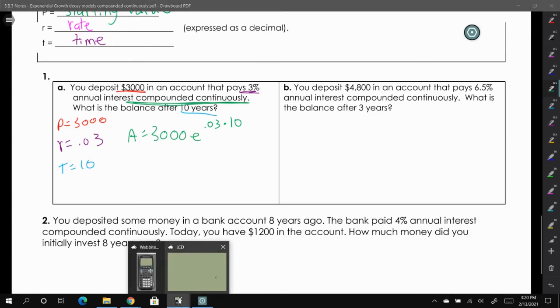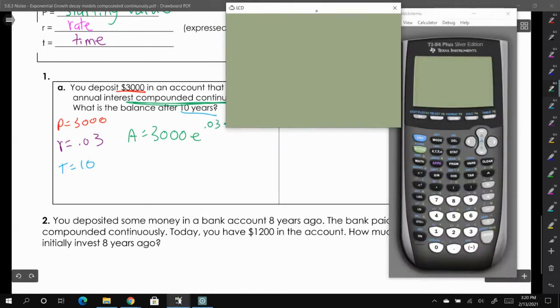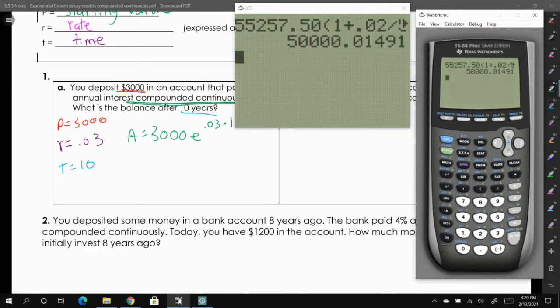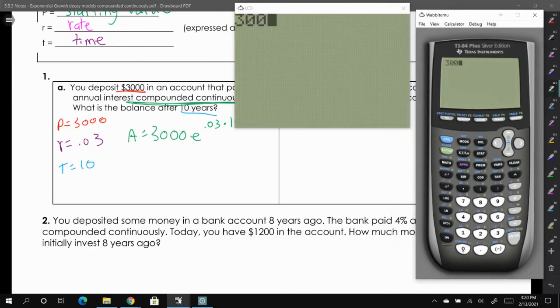So I'm going to show you where that button is on your calculator. In your calculator, let's type 3,000. And if you look to the left of the number 4, you see the ln. It says ln. And then right above that, you see E raised to the x power in blue. So that means you've got to press second in that button.